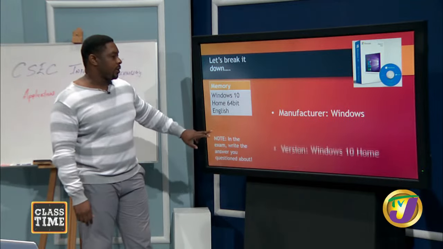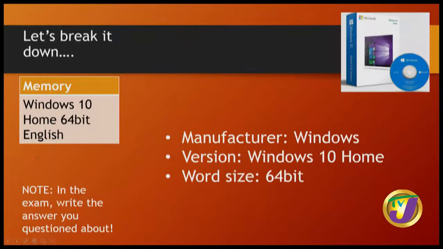Just one note here, the 64-bit represents the size of the word. And a word is actually an instruction. And the size of an instruction, 64 bits, means that your computer can handle a larger amount of data over time. And that's simply what that means.